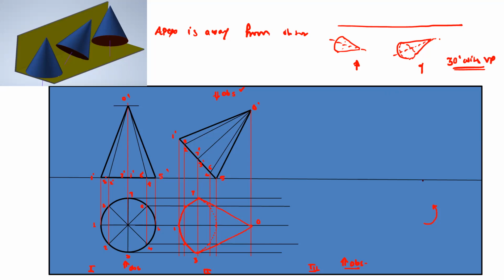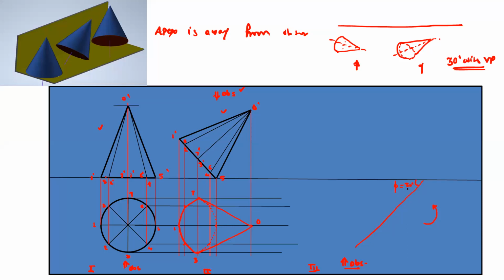first draw one line with the true inclination. So that inclination is 30°. Okay. So this is called the phi inclination. Now on this line, just mark the true length of the axis. So if you observe the first stage front view or second stage front view, you can get directly the true length, that is equal to 65 mm.